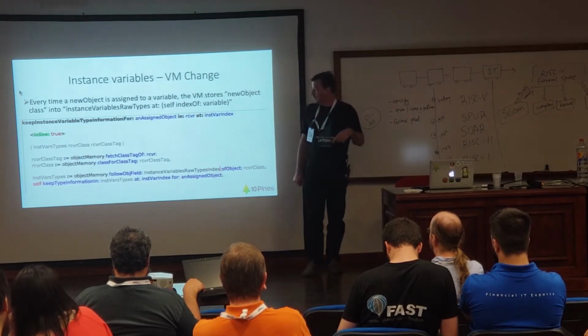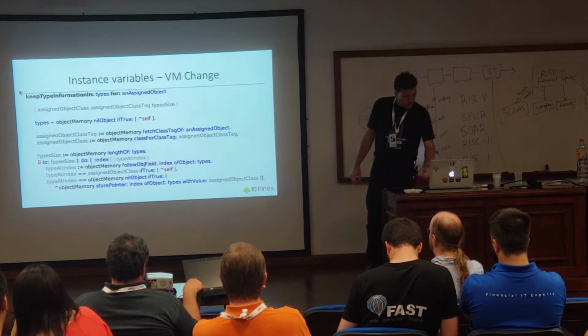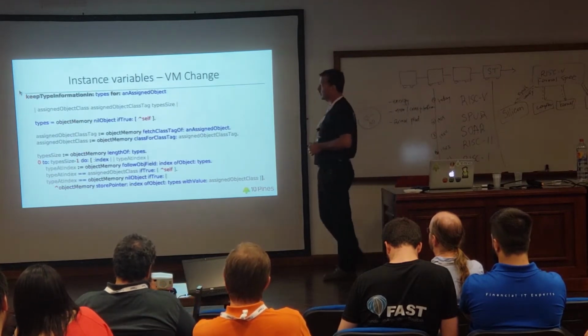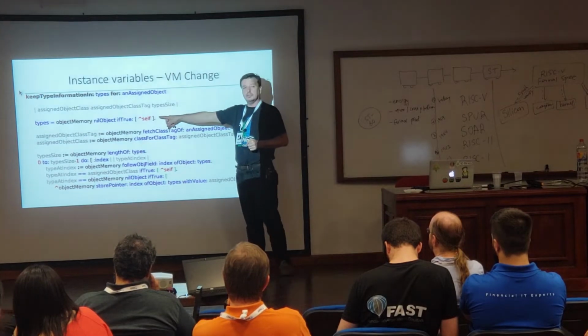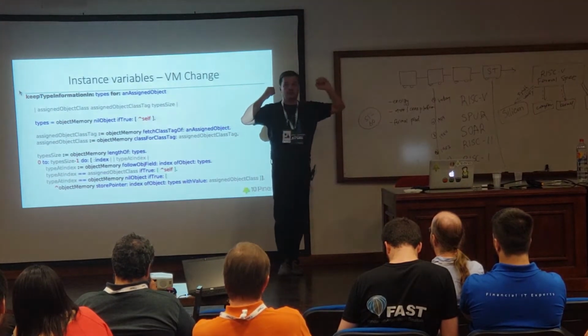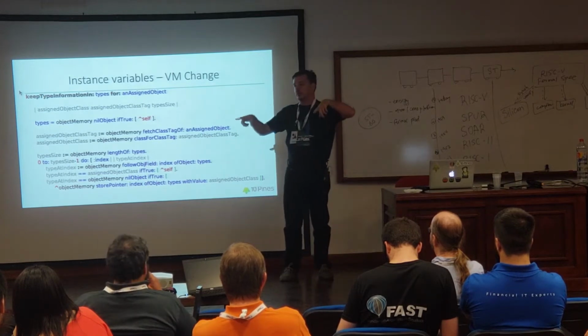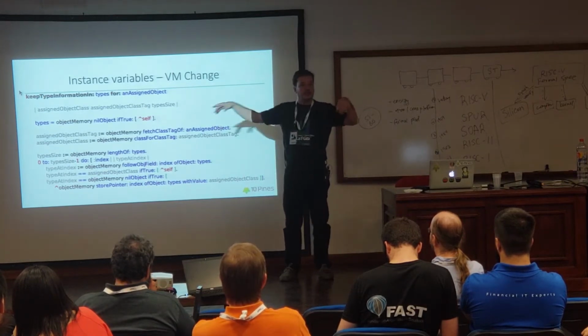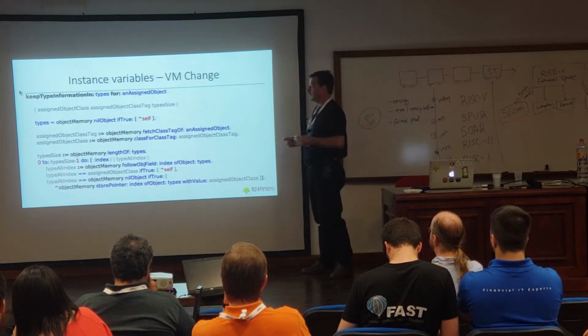If that array is nil, that's nothing. So that means that if you don't want to keep type information for a specific class, you just put nil there, and it doesn't do it.